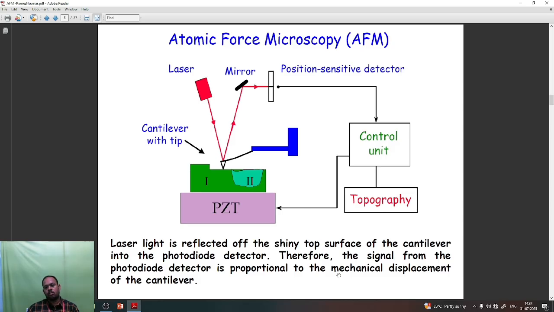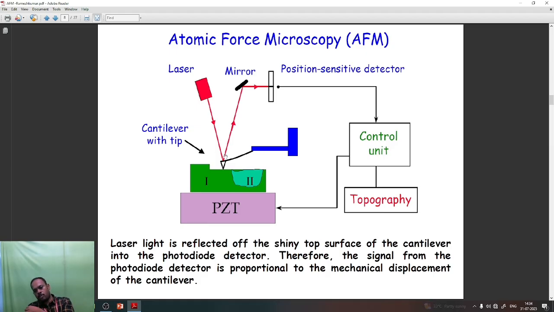This is the overall process involved in the atomic force microscope. During the operation, the laser beam hits the cantilever tip, on the top of the cantilever probe tip, the shiny side. Based on the deflection of the cantilever tip, there will be a deflection in the laser beam, which is monitored by the mirror and the position sensitive detector.